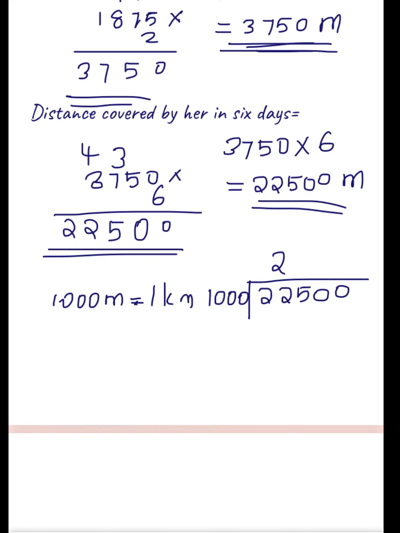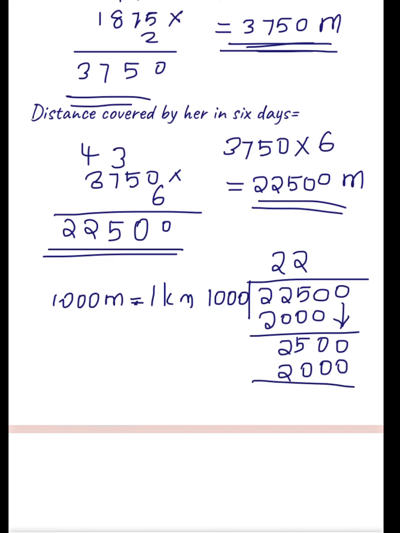So what will you get? In 22,500, 22 thousand, and 500 will be the remainder. That means 22 is the quotient. That means you can write here 22 kilometer.